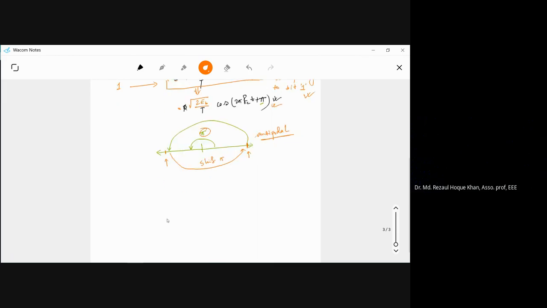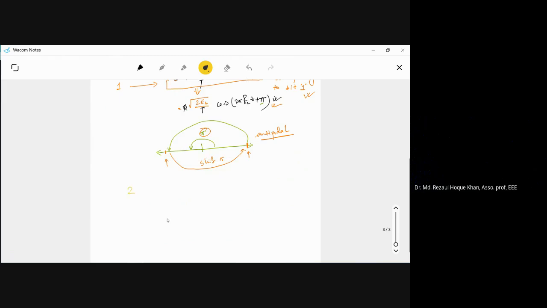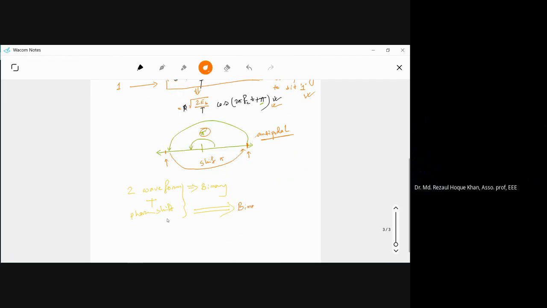So that's how the name comes: because there are two waveforms, that's why it's binary, and you have phase shift. These two combine to give us binary phase shift keying.